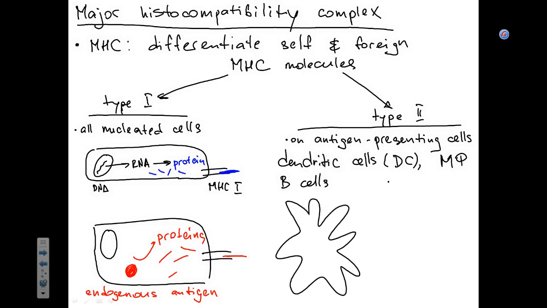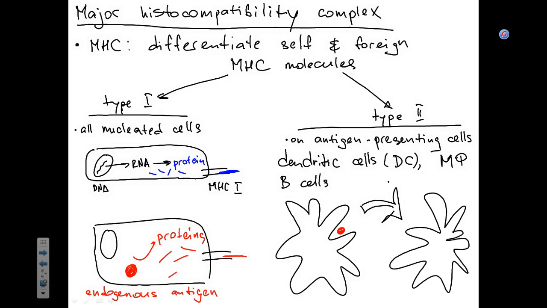So dendritic cell, that's much better, it engulfs a pathogen and breaks it in pieces. So it essentially acts as a phagocyte.